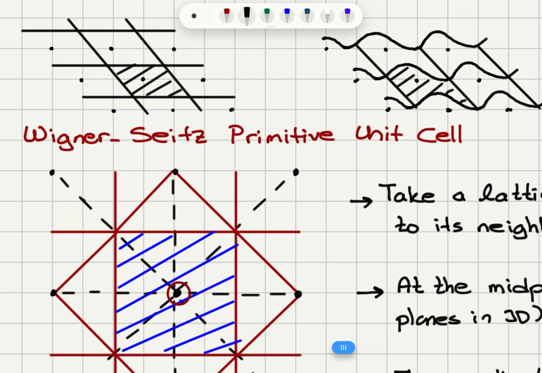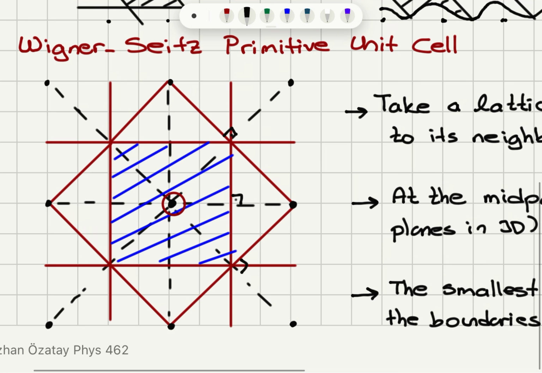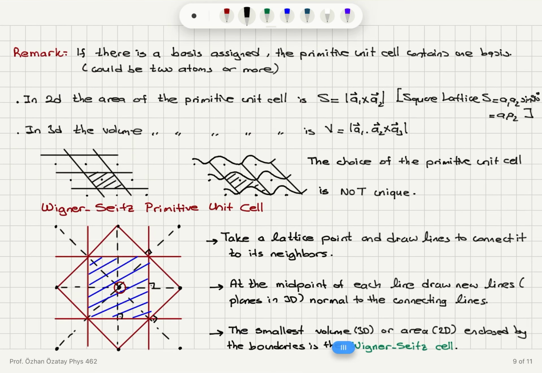So you can see that I look at the midpoint here and I draw a perpendicular. So here is one perpendicular that I'm drawing. Here is another perpendicular I'm drawing. Here is another perpendicular at the midpoint, etc. Then I look at the smallest volume in 3 dimensions or smallest area enclosed by these boundaries, and that gives me the primitive unit cell that is called the Wigner-Seitz primitive unit cell.